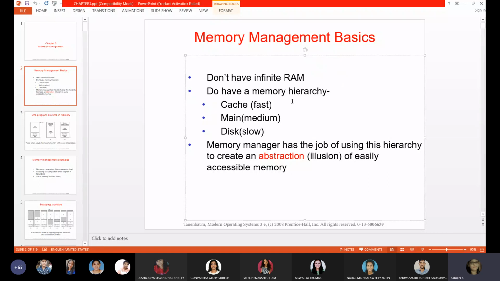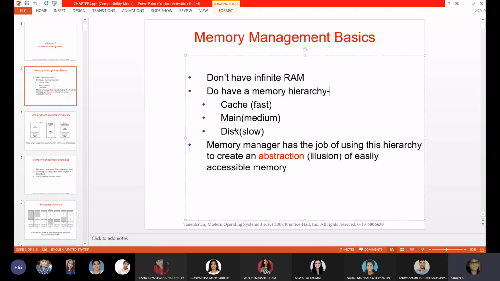Another thing, memory has a different hierarchy. There is some memory which is very small but very fast. Some memory is medium fast, but very costly, though it is medium fast compared with cache. Main memory is medium in speed, with capacity a little more than cache.